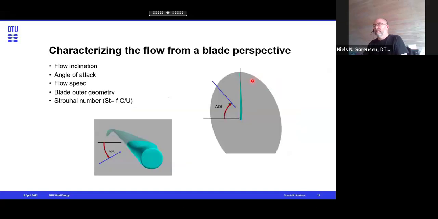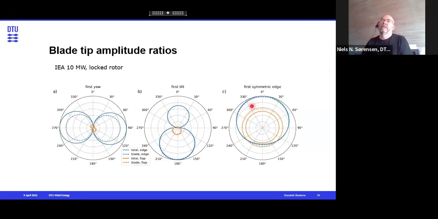And using a simple or linearized modal description, we can also predict blade tip amplitude ratios. So if I position a rotor with one blade at 30 degrees azimuth and having 120 degrees between the blades, I know the ratio between the amplitudes of the 3 blades.